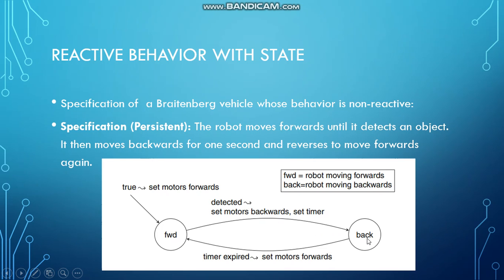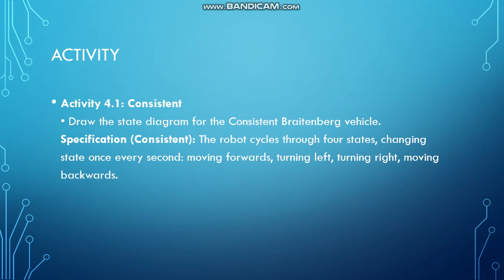When it's moving backward, it will do nothing. So no action is performed because there is no transition labeled with this condition. This shows that the behavior is not reactive, so it depends on the current state of the robot as well as the event that occurs.